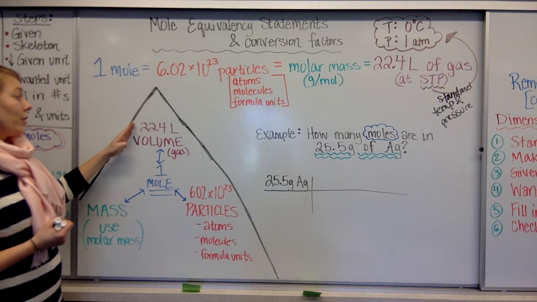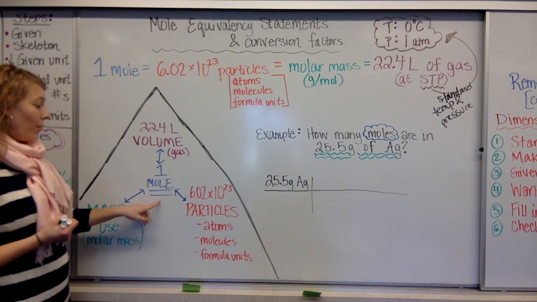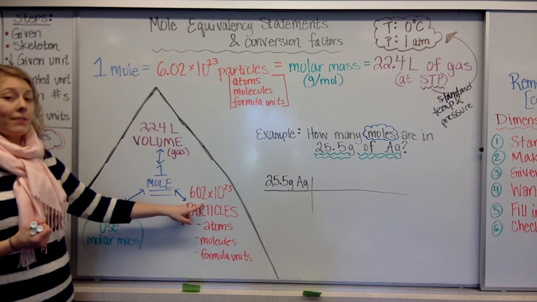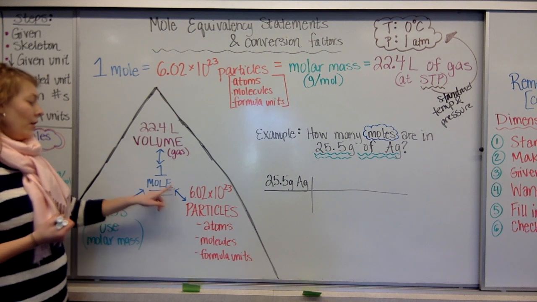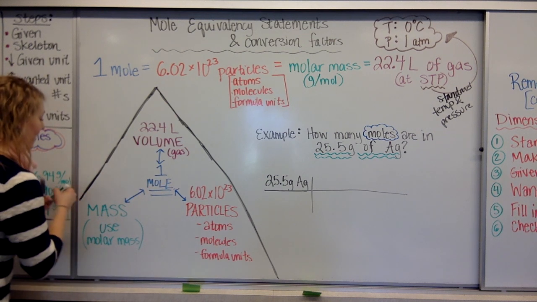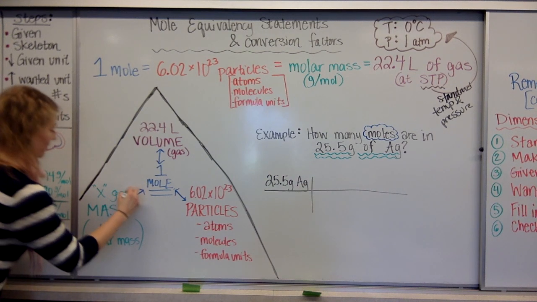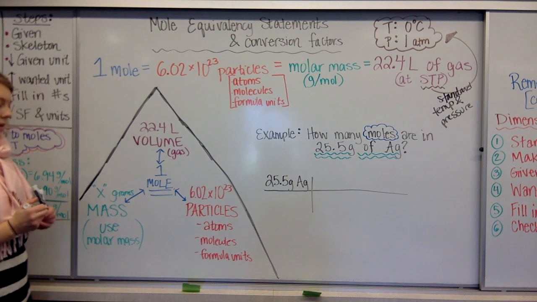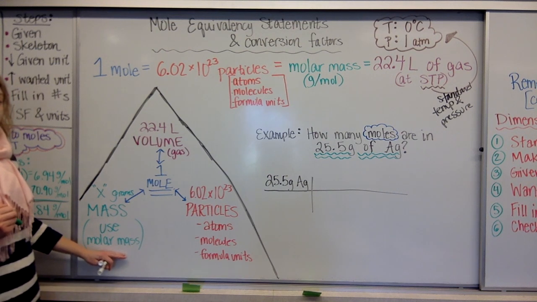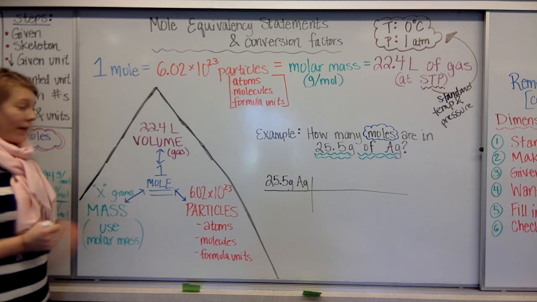The 22.4 liters of a gas is equal to 1 mole. 1 mole is also equal to 6.02 times 10 to the 23rd particles. 1 mole is also equal to X grams, or some mass. Here's where we're going to use the molar mass. So all of these are equal to each other.